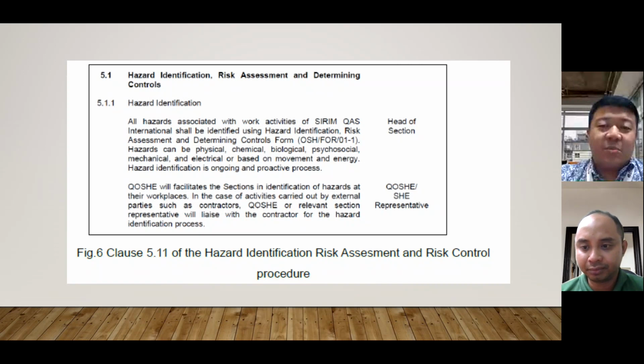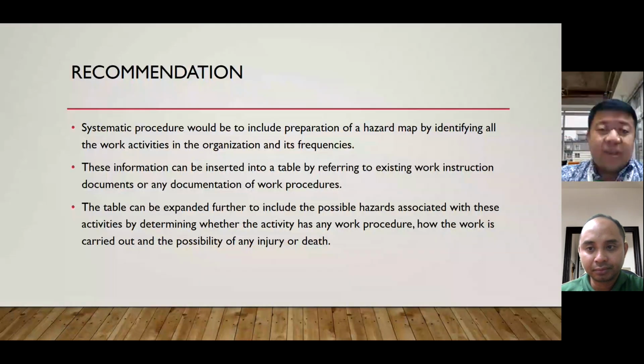So what I will recommend is that a systematic procedure should be included under an extra clause under this procedure, which will explain in detail how to prepare a hazard map. A hazard map is basically just a simple table to identify all the work activities that are being conducted by the organization and their frequencies.